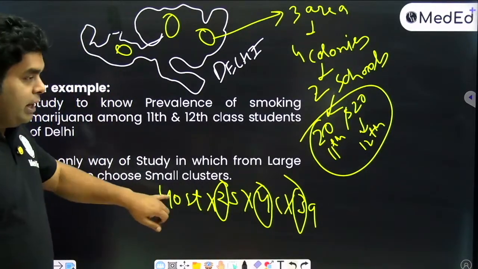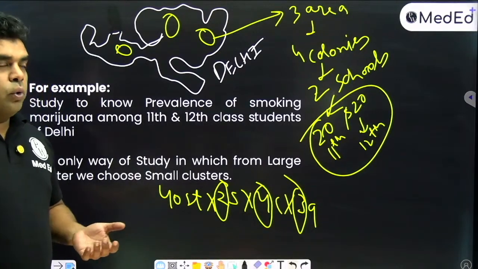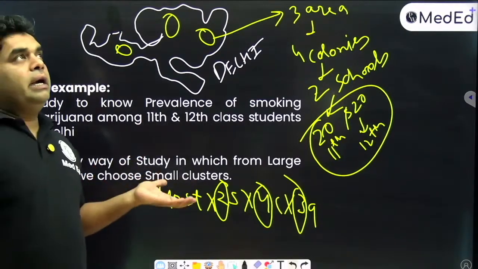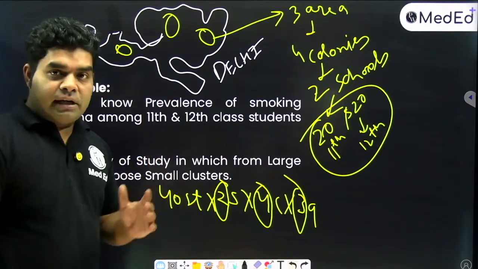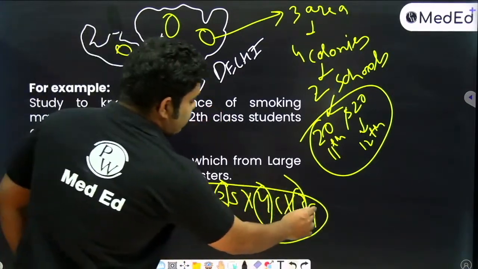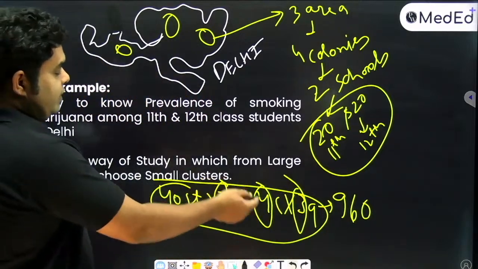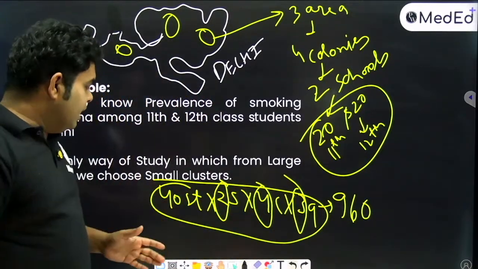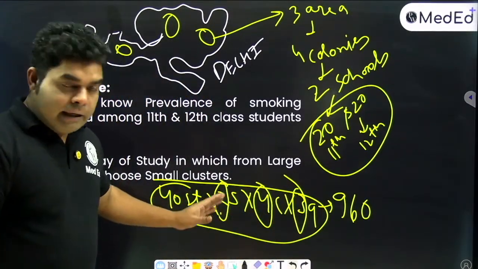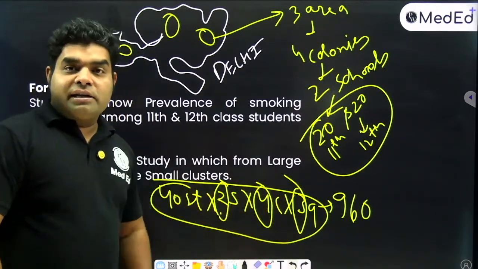And 24 into 40, 24 into 10 is 240. So 24 into 40 is 800 and 160, 960. So the sample size becomes 960 if you multiply 40 with 2, with 4, with 3. It is not so difficult. 40 into 2 is 80. 80 into 4 is 320. 320 into 3 is 960.